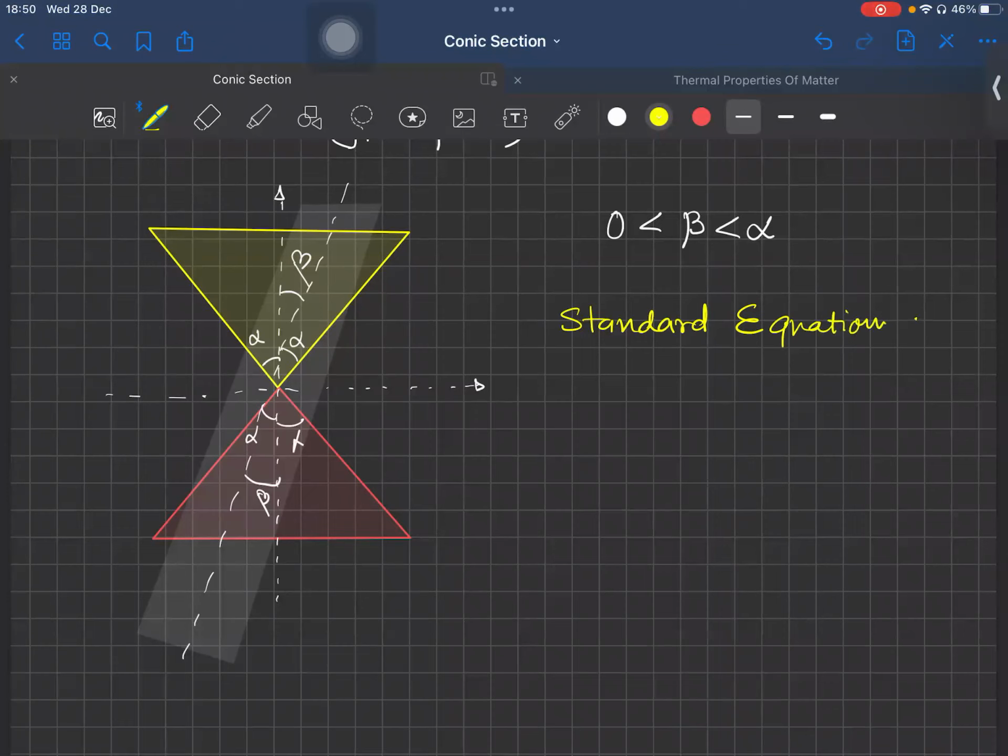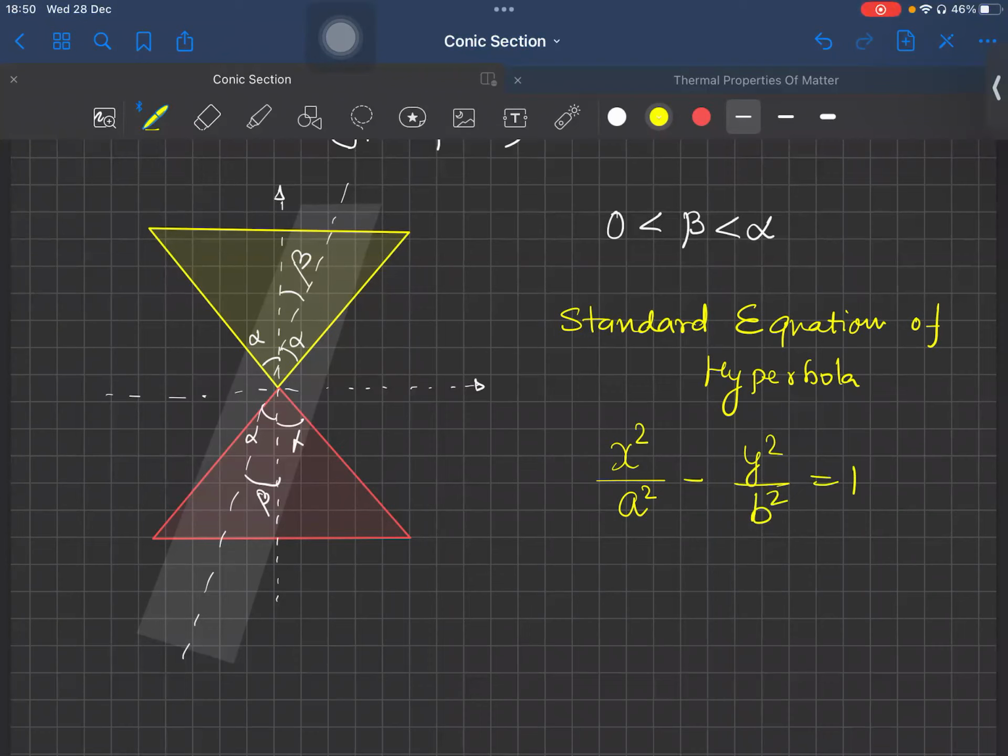Equation of hyperbola. So the general equation of hyperbola is x square upon a square minus y square upon b square is equal to 1. So this is your hyperbola.